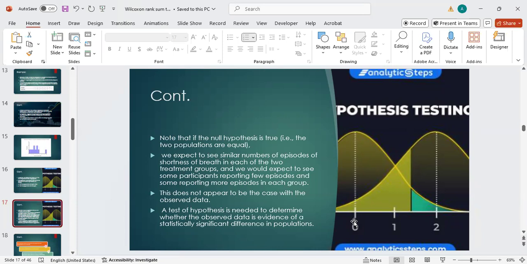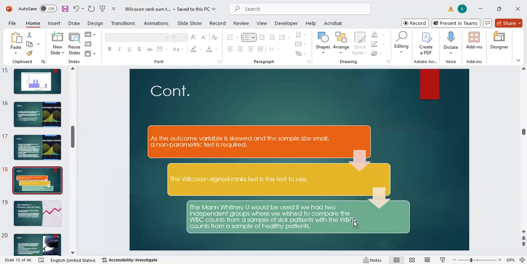A test of hypothesis is needed to determine whether the observed data is evidence of a statistically significant difference in the populations. As the outcome variable is skewed and the sample size is small, a non-parametric test is required. The Wilcoxon rank sum test is to be used.